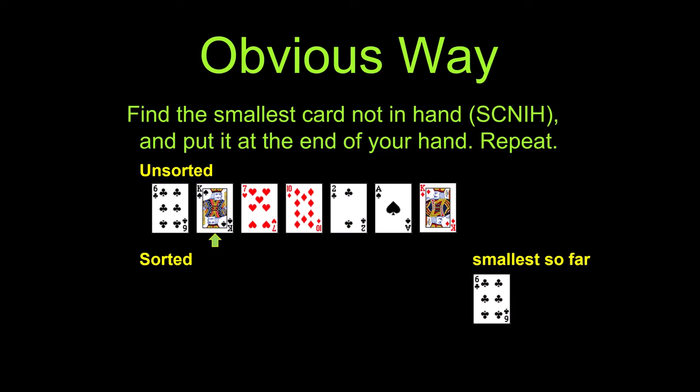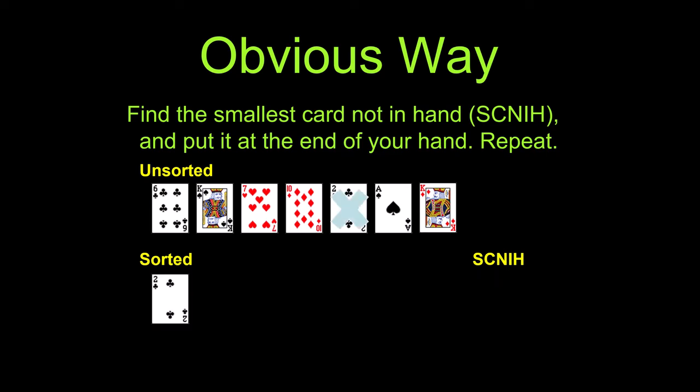We keep 6 and move on. Same for 7, we move on. 10, we move on. Now 2 is smaller than 6. 2 becomes the smallest so far. Now A, it's not smaller than 2, we move on. King is not smaller, we move on. But now we are at the end of all the cards. We have found 2 to be the smallest card not in hand. We now move 2 into our sorted part.